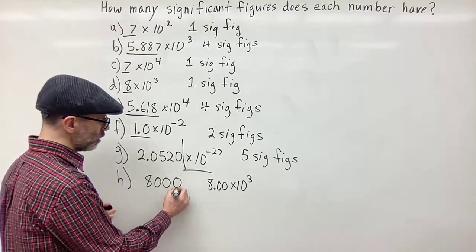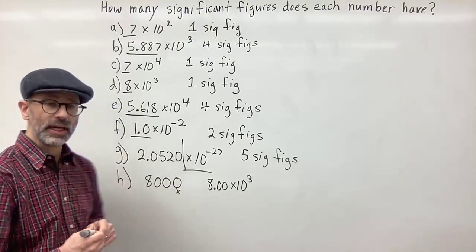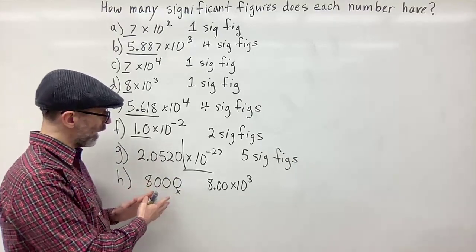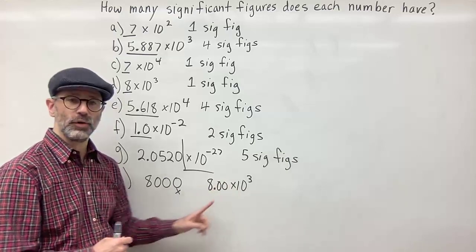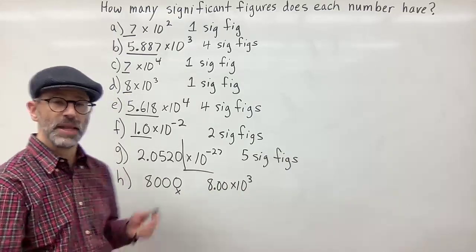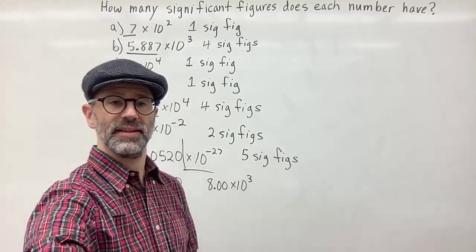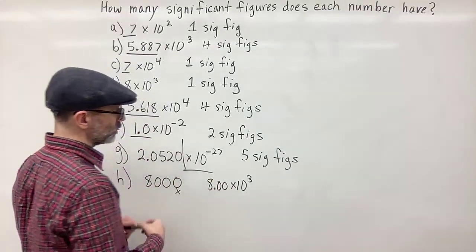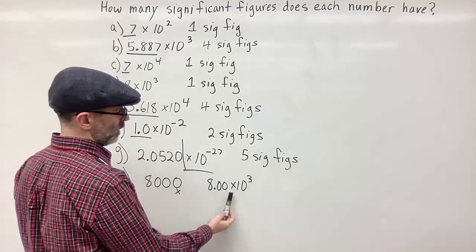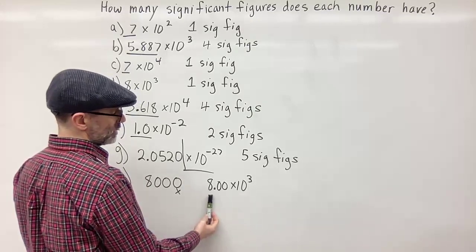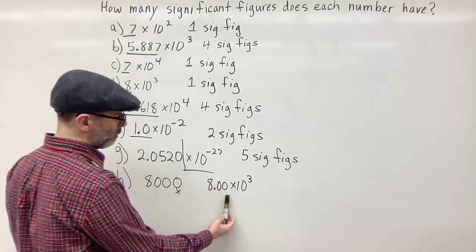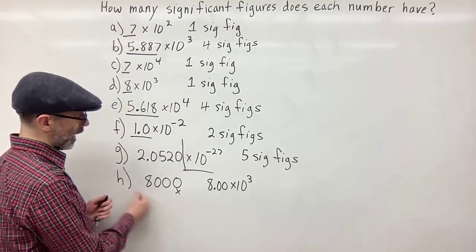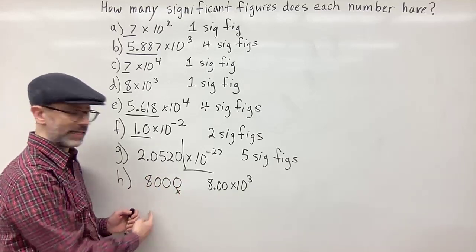So this last zero is not significant in this number. But I wouldn't know that unless I have it in scientific notation. That's why scientific notation is pretty cool, because it automatically tells me how many significant figures I have in my number. So this would tell me, oh, I have 3 sig figs, but I wouldn't know that if I wrote it like this.